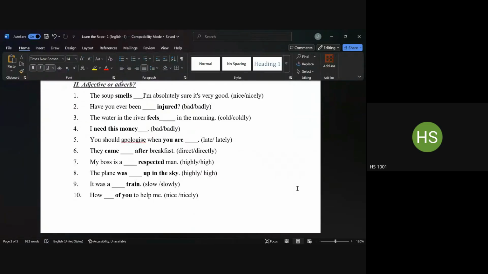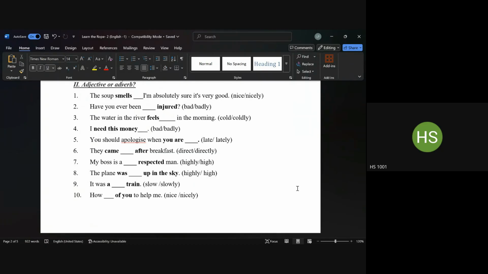Sometimes in a very informal context you might see people using nice as an adverb, but those things don't matter to us. For your purpose, you need to follow the formal construction of sentences. So nice is always used as an adjective. Nicely is the adverbial counterpart to that.